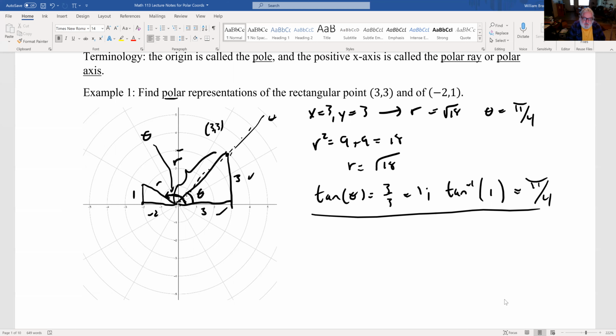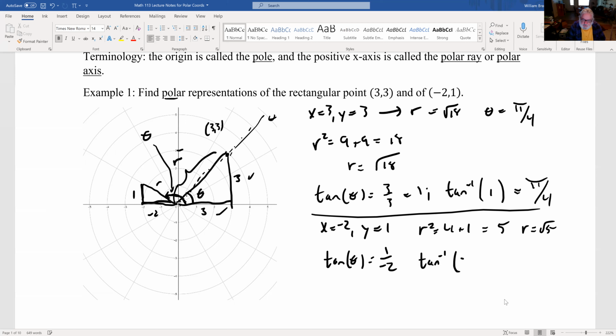So r squared will be 4 plus 1, because it's the usual Pythagorean theorem, -2 squared plus 1 squared, which is 5. So r equals square root of 5. And the opposite over the adjacent, tangent theta equals 1 over -2, right? So we look for the inverse tangent of -1/2.